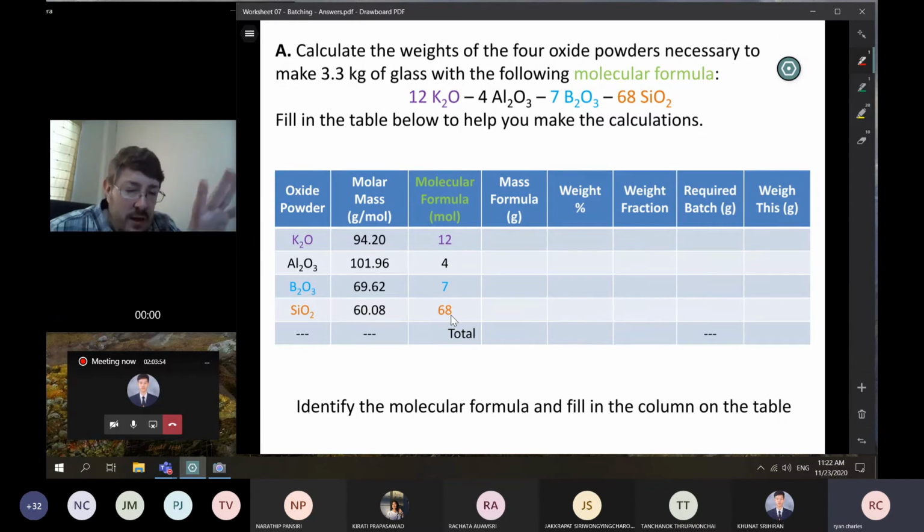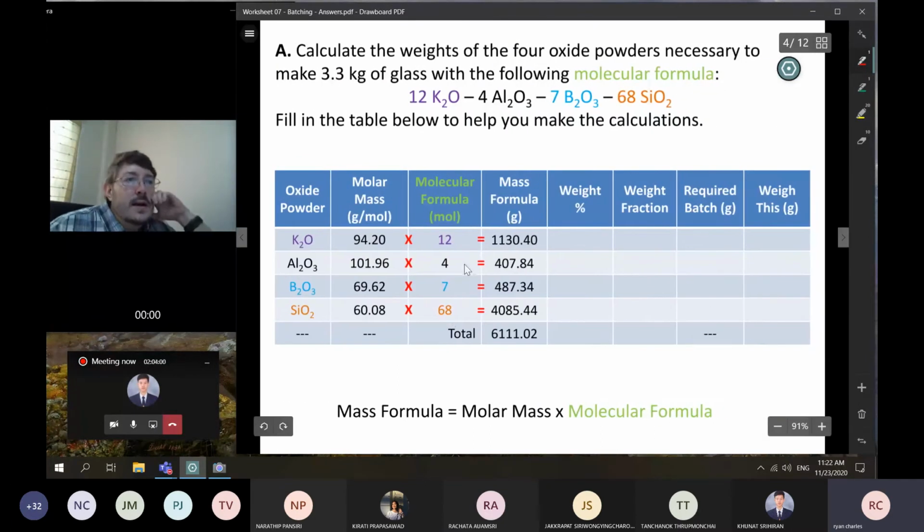To calculate the mass formula, it's simple multiplication. This is grams per mole times moles, and those cross out, and we're left with grams.